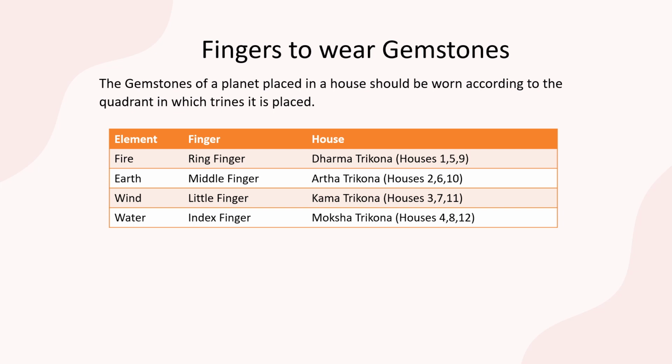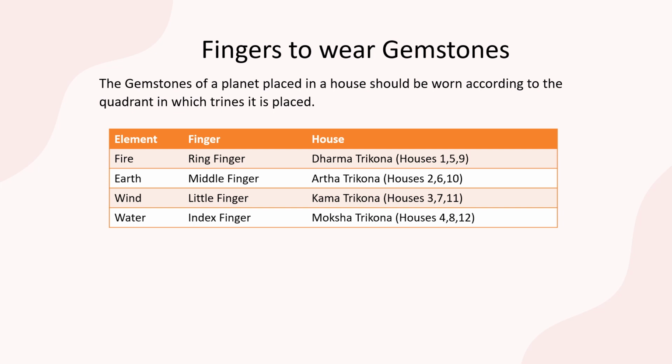Now you have to understand that the house lord plays an important role in selecting which finger you will wear your gemstone on. For example, your sixth house lord's Antardasha or Pratyantardasha is going on, you are facing a very bad time and you want to subdue the effect.